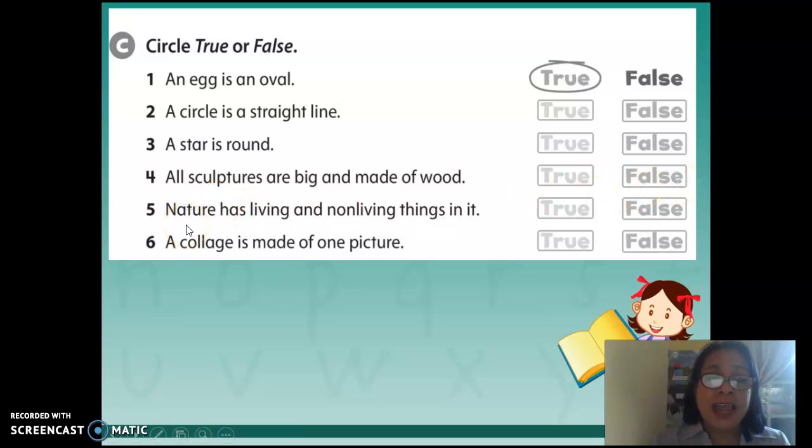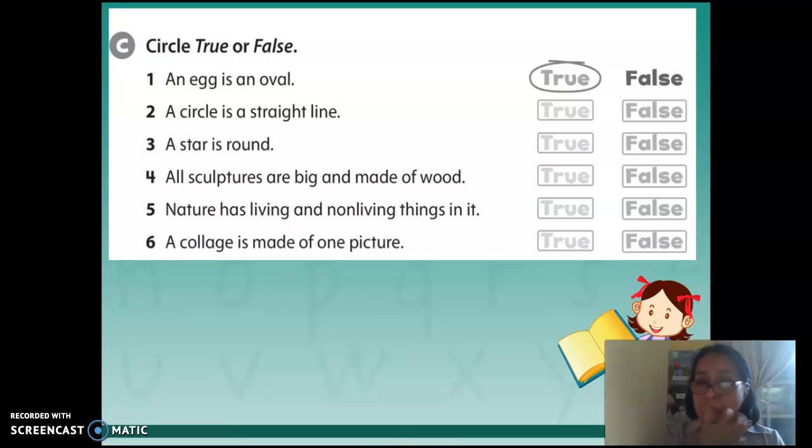Number 5, nature has living and non-living things in it. Okay, think about it. The answer is true. Nature has living and non-living things in it.